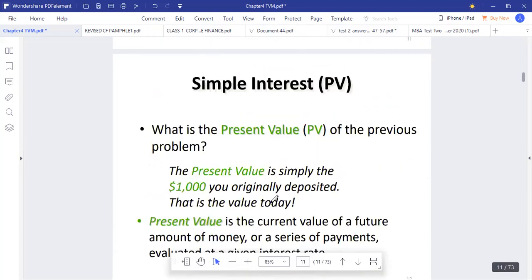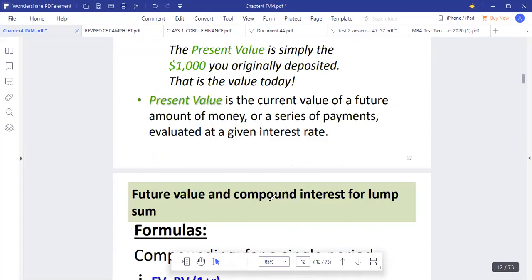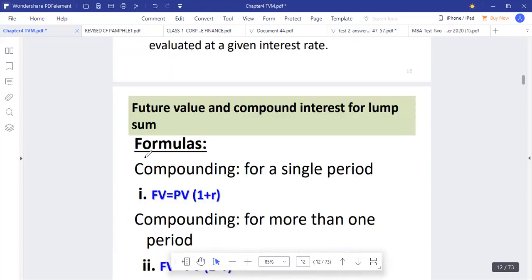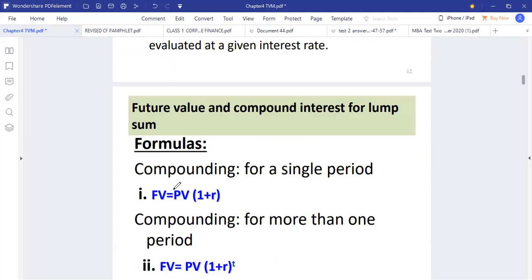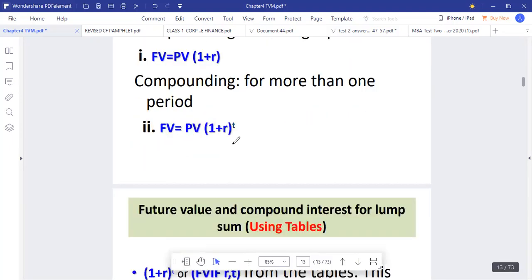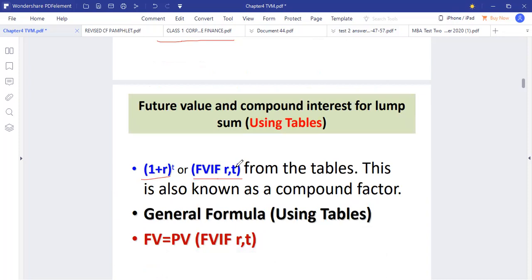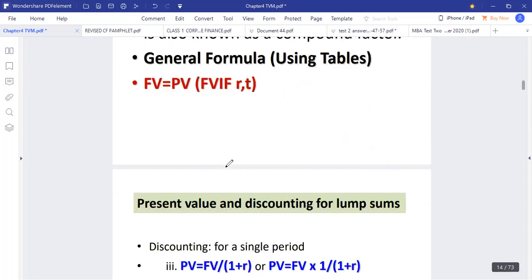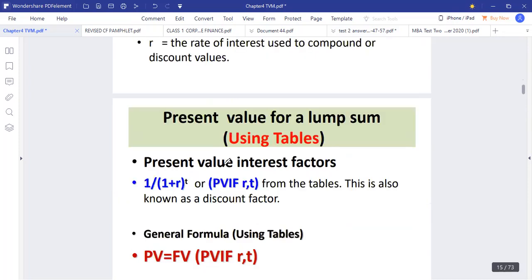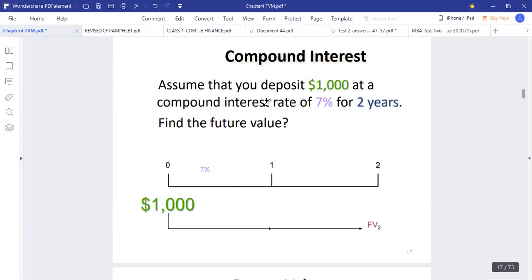We also looked at calculating using compound interest. So future value is present value times 1 plus r to the power t. We can also use the tables, which I'll teach you later on. Suppose you deposit 1,000 kwacha at 7% in 2 years.